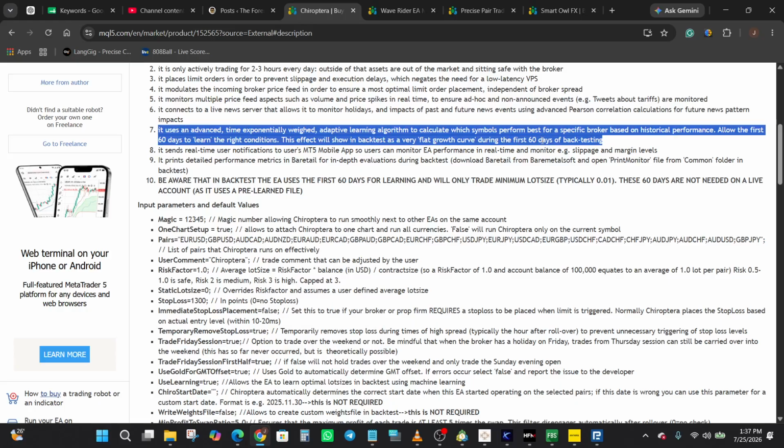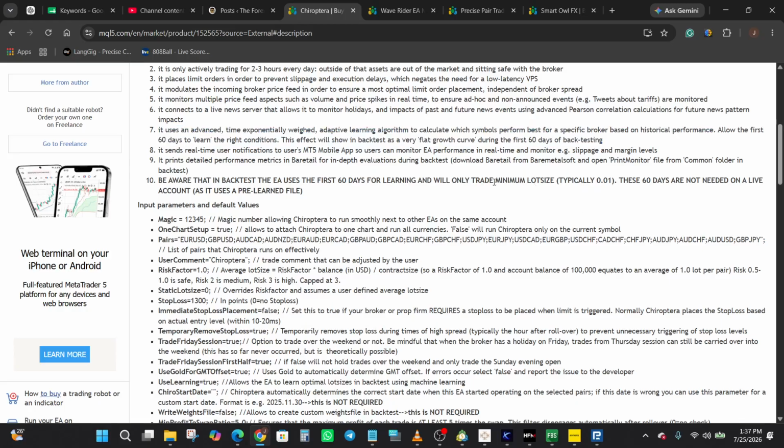During that learning window in backtest, it only trades minimum lot size, which shows up as a flat portion at the start of the equity curve. So that is worth keeping in mind as we look at the numbers, since a chunk of the test period reflects this reduced learning phase activity rather than the EA's fully adapted behavior.